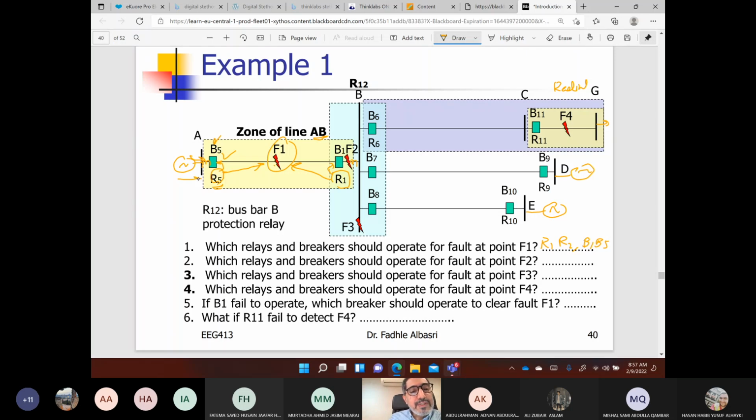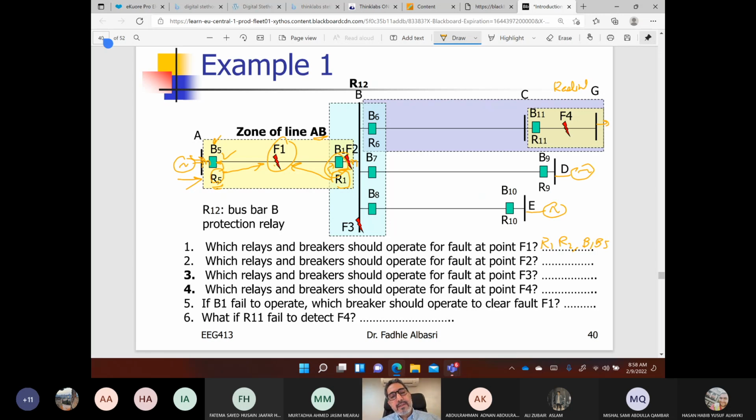I will disconnect faults coming from this source, but there will still be fault current feeding from these two ends if I don't disconnect this. Okay, Shabab? So with this, I will disconnect any other faults coming from this end by opening breaker 1.